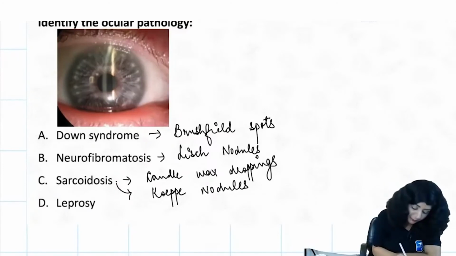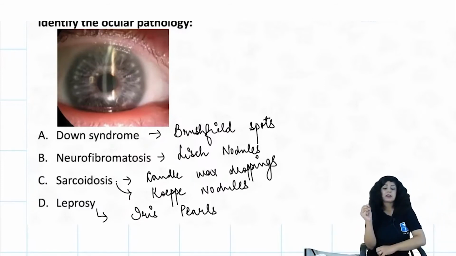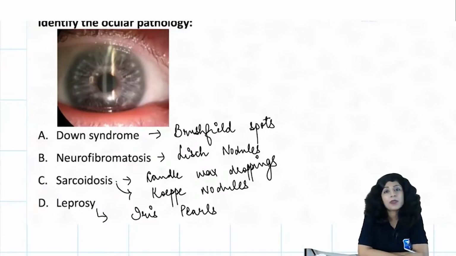And what do you get in leprosy? We get the iris pearls. So Down syndrome has the Brushfield spots, neurofibromatosis has Lisch nodules, sarcoidosis has Koeppe nodules, and in leprosy we get the iris pearls.